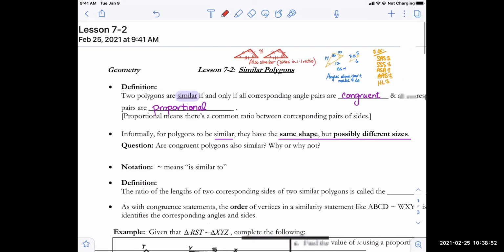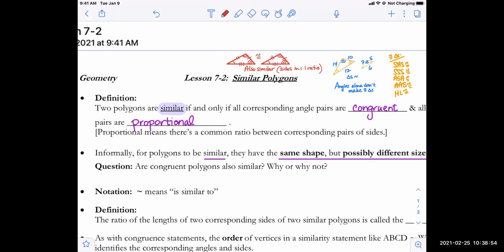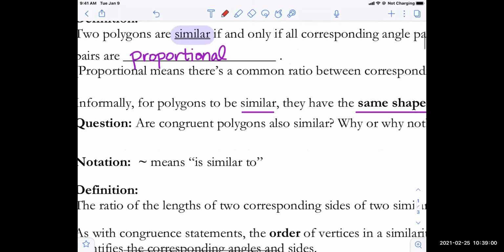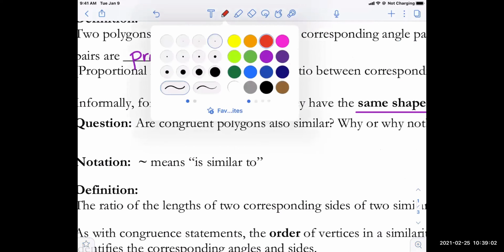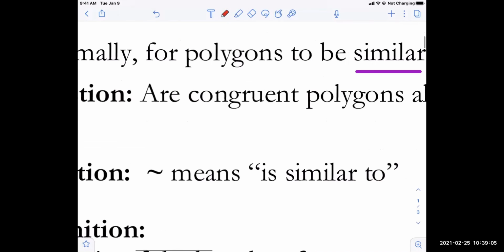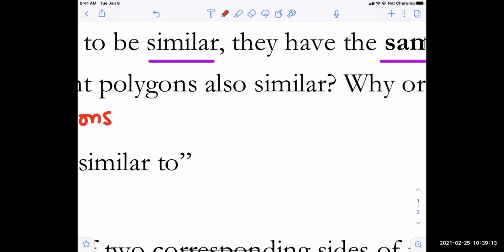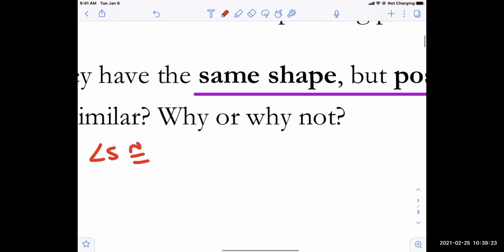So are congruent polygons similar? We're checking the definition. Yes, they're always going to be similar because congruent polygons have all corresponding angles congruent and all corresponding sides proportional.